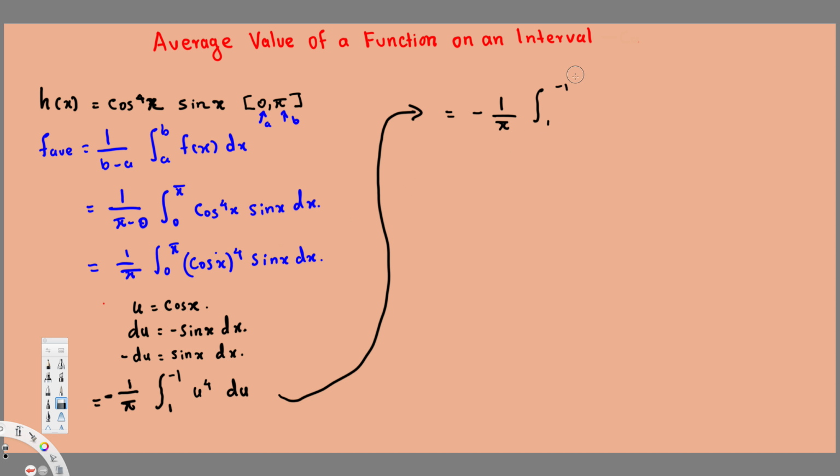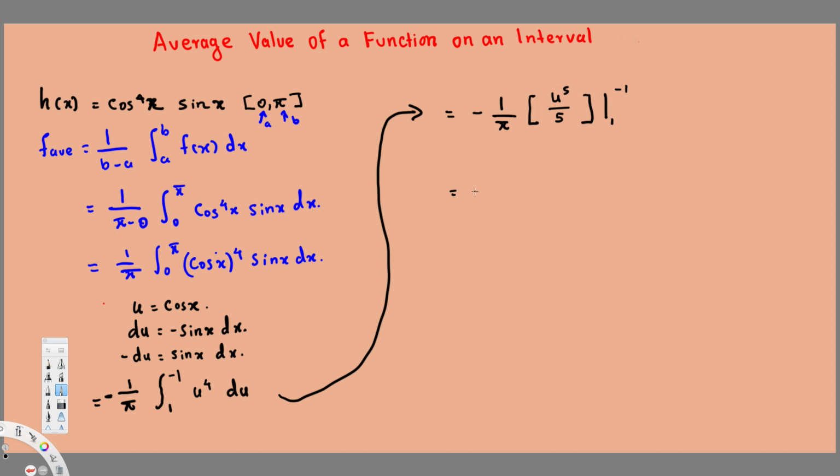I'm going to do the integration right now. If I do the integration, this is going to be u^5 over 5 going from 1 to negative 1. Since we have found the new limits of integration, we don't have to go back and put cos x in terms of u. We can directly substitute these values and find the answer.